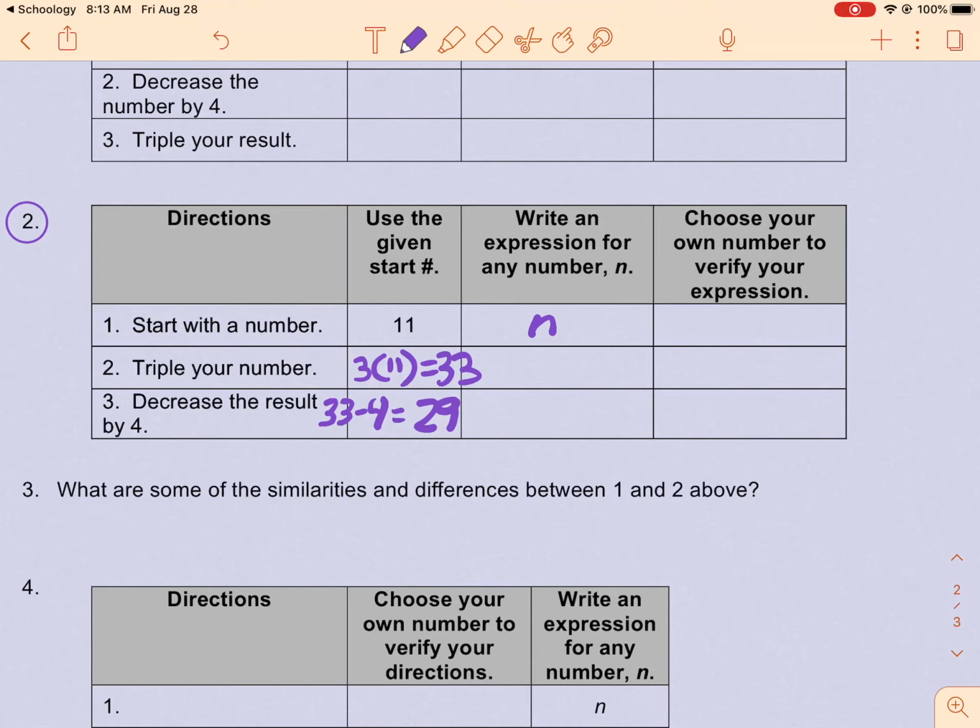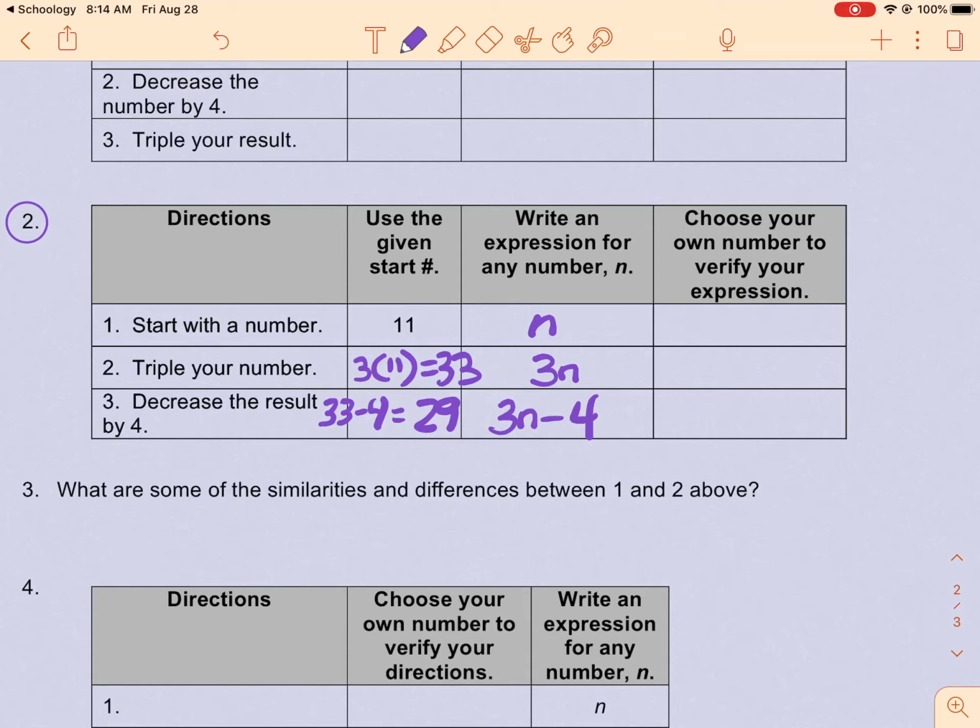So multiply your number by 3. Well, if our number is n, then 3 times n would be our number. Decrease the result by 4. So you're taking that answer and subtracting 4 from it. So you're taking your 3n and you're subtracting 4.